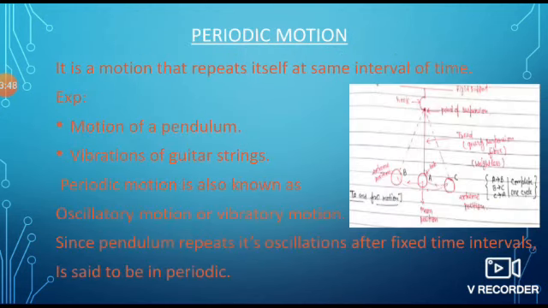Next, periodic motion. Students, you can understand with the help of an activity to show periodic motion. When a metallic bob is suspended by a fine suspension fiber, which is a weightless thread, from a rigid support, the bob is free to swing.